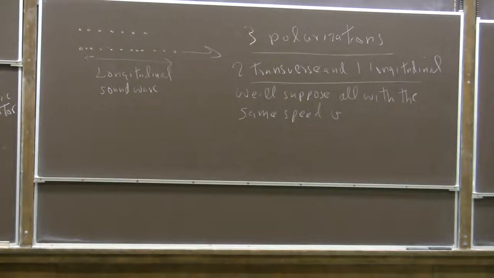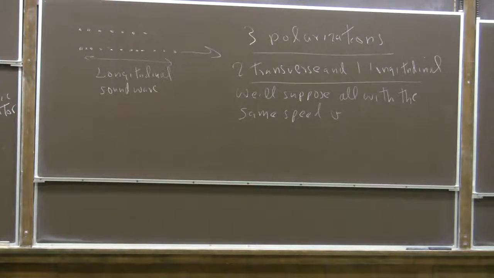So is it possible to have a sound wave with a wavelength which is small compared to the spacing between the atoms? No one nodded and several people shook their heads. It wouldn't make any sense, right? What the wave describes is the displacement of the atoms. Okay? So to have a sound wave with a wavelength small compared to the distance between the atoms, there's no such thing, right?